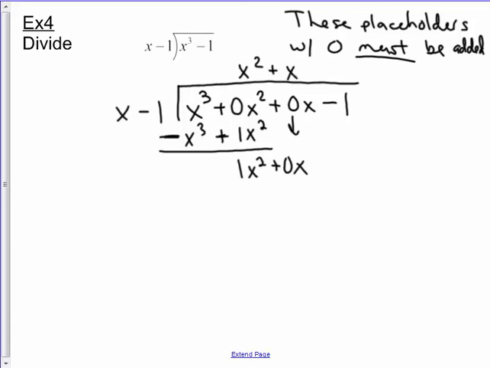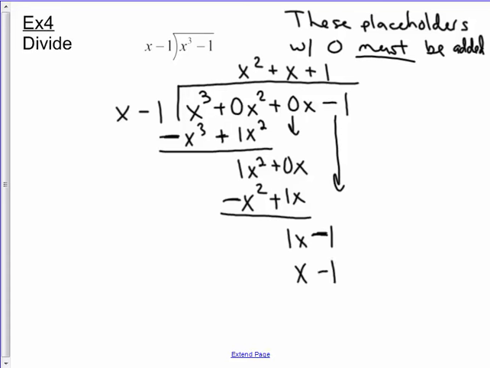What times x is 1x squared? Just a single x. X times x is x squared. X times negative 1 is negative 1x. I subtract, which means that becomes negative, that becomes positive. And I'm left with 1x minus 1. When I bring the negative 1 down, what times x is 1x plus 1.